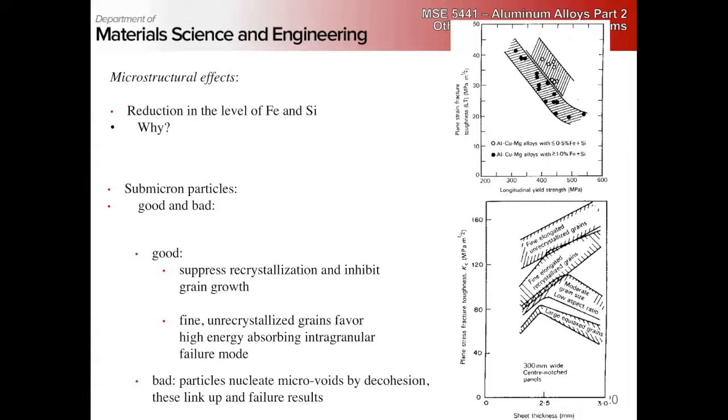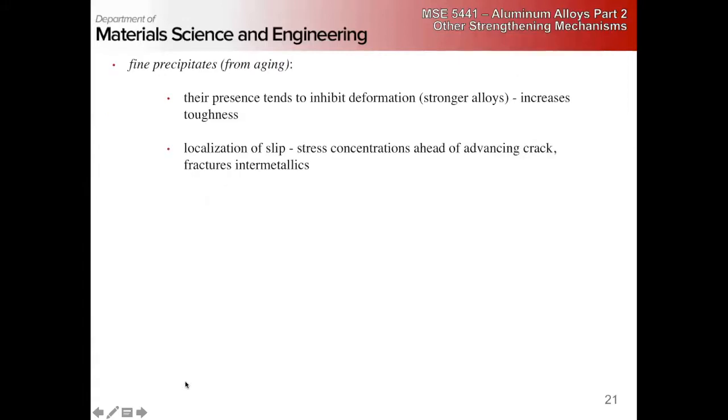You can't get a high toughness without eventually failure by microvoid formation, right? And that's just the nature of the beast. So maybe I overspoke. That really maybe shouldn't have been bad, right?